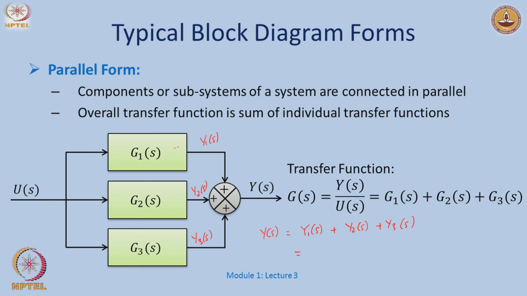What is Y1? Y1 comes via G1 and U. So, I will have G1(s) times U(s) plus G2(s) times U(s) plus G3(s) times U(s), resulting in the expression that the entire G(s), which is Y over U, is just a summation of these three, G1 plus G2 plus G3.